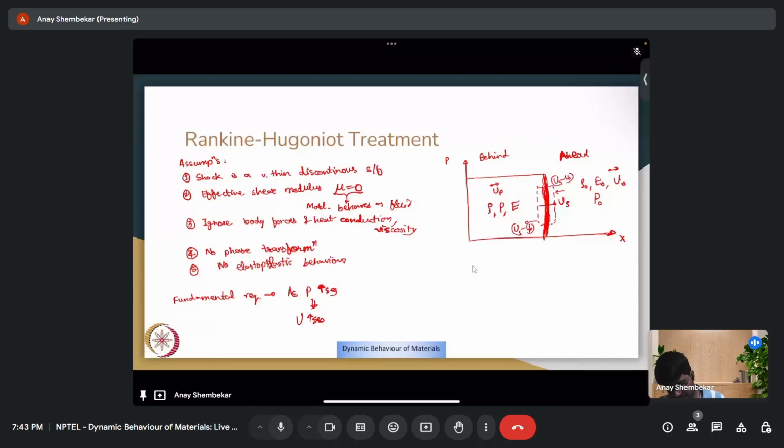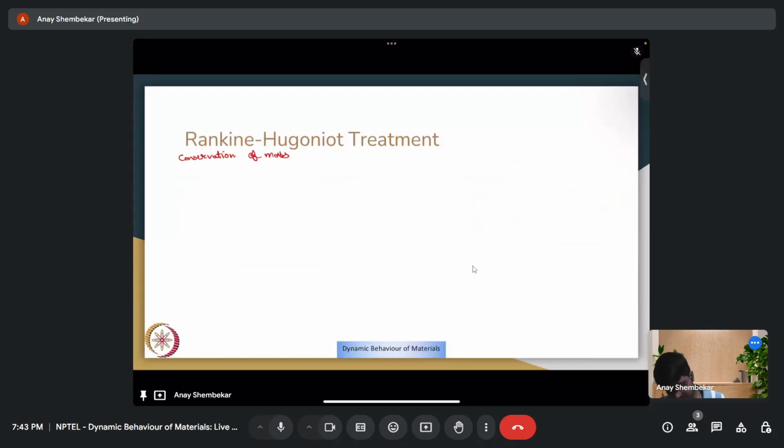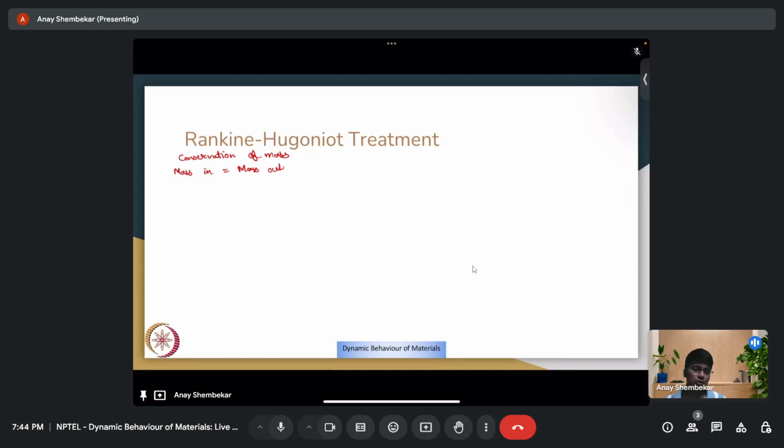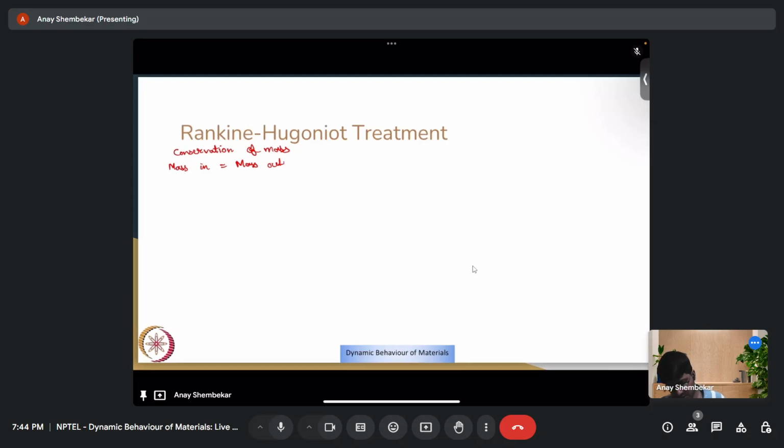So if I take a small time dt, you have mass in equals mass out. There is no source or sink for the mass to go anywhere, so mass in has to be equal to mass out.